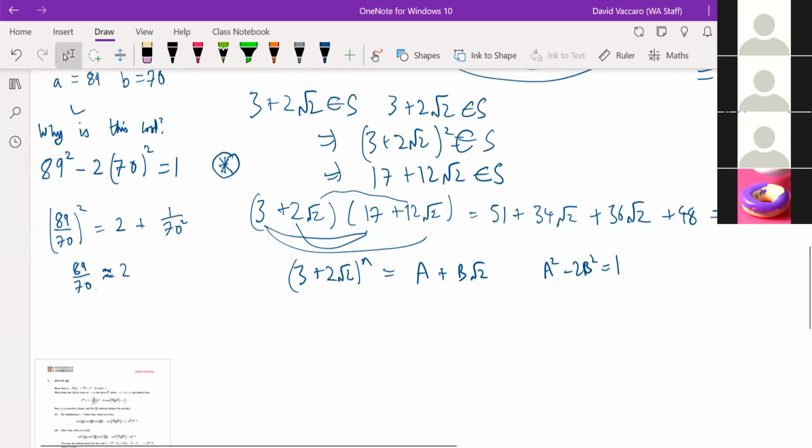Okay, now I'm just going to use a computer to do 3 plus 2 root 2 to the power 10.